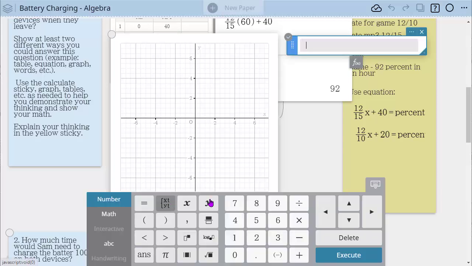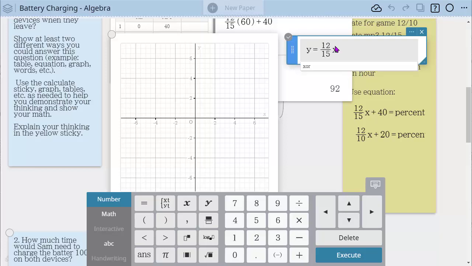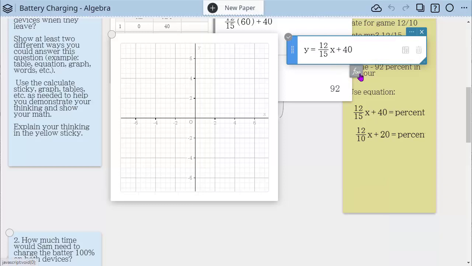So they could actually get a graph and put these expressions they came up with in there. Actually, we're going to use equations this time. So Y is going to represent the percent, and X is going to represent our time. And now we're just going to graph each of them and see if we can see the solutions on the graph.